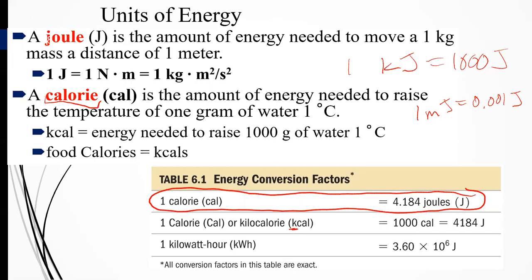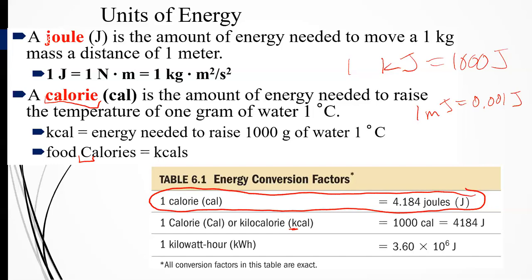Now, before we go any further, I do want to clarify one thing, and that's that when we talk about calories for food, it's different than calories for chemistry. Because of one thing, and that's what you want to look for, is this capital C. So food calories are a capital C, and one food calorie is actually the same as us saying 1,000 normal calories.